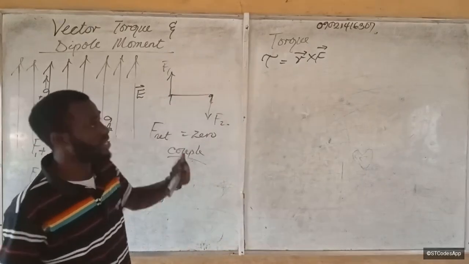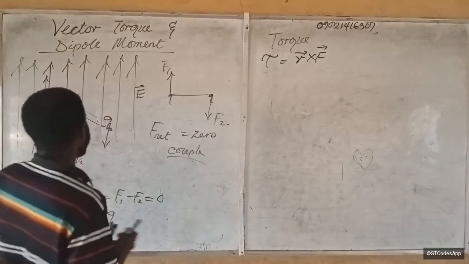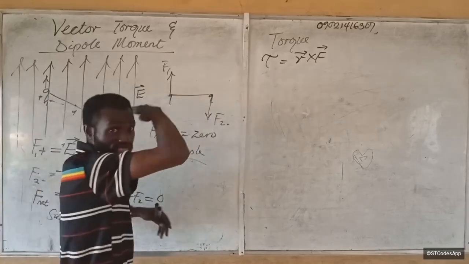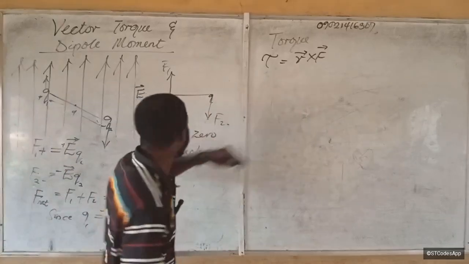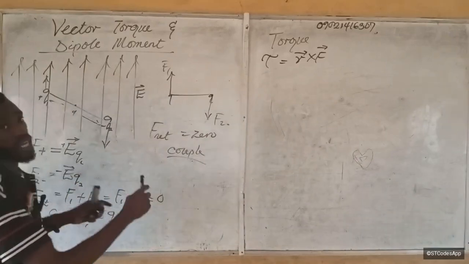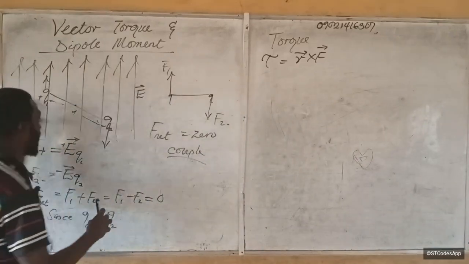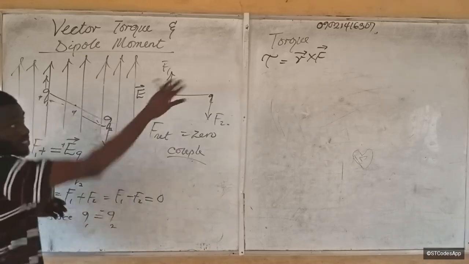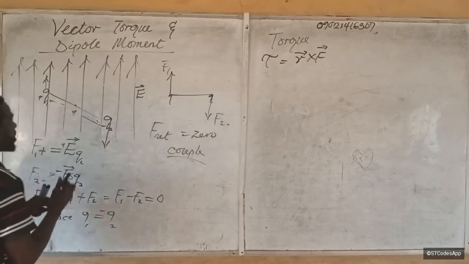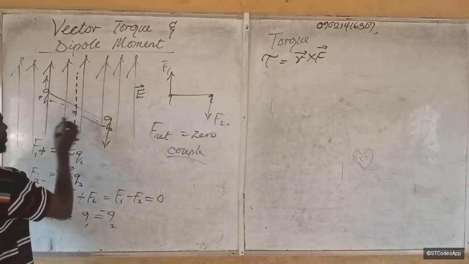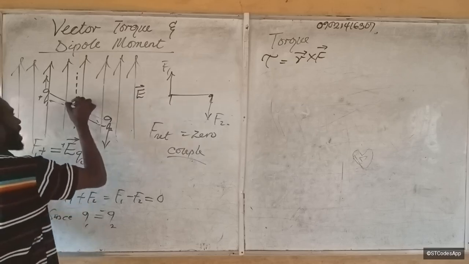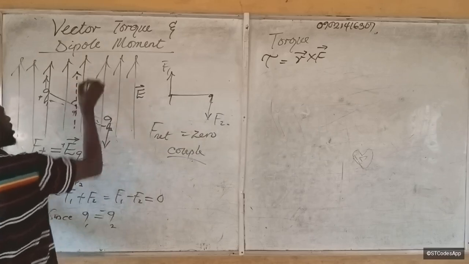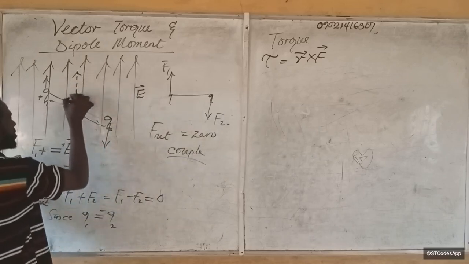Now, this is our torque. But there's something about this torque also. Because this guy is not exactly on the x-axis, we cannot have it this way. Our dipole is at a particular angle in our uniform electric field. So it will not be as sweet as that. You will notice that there's an angle between the axis of the dipole and the electric field. Let's call it theta.